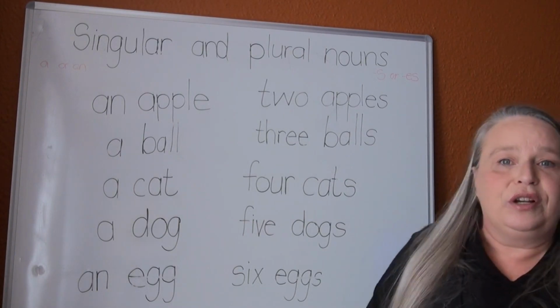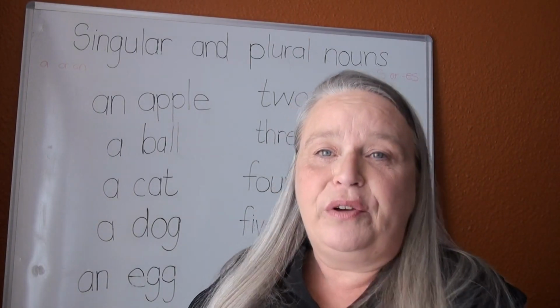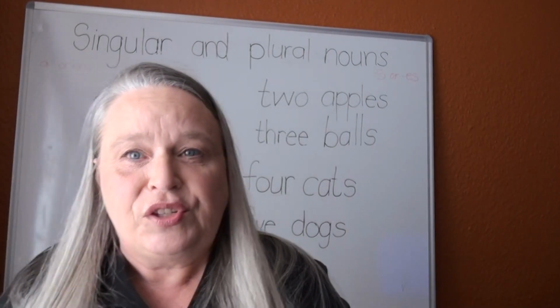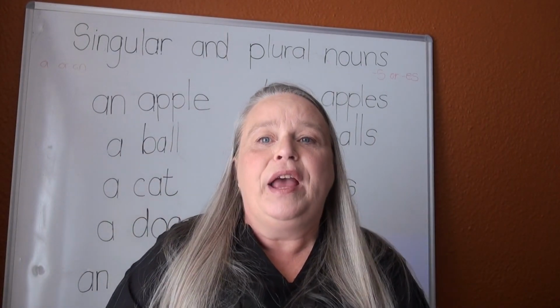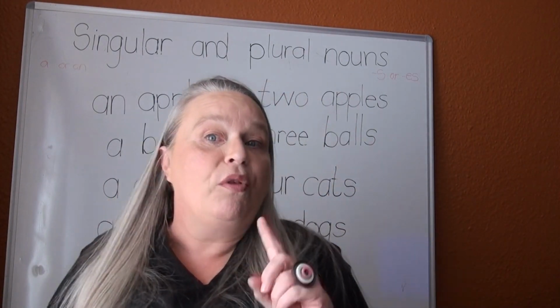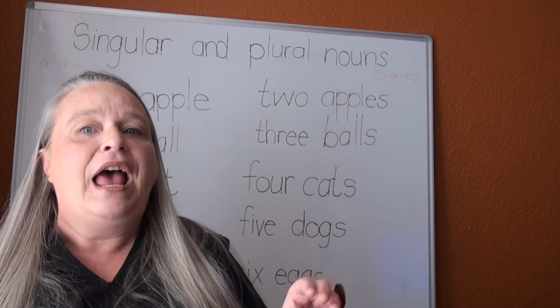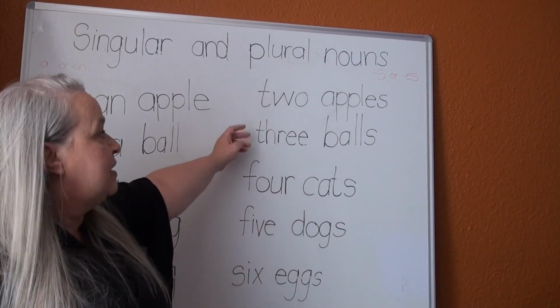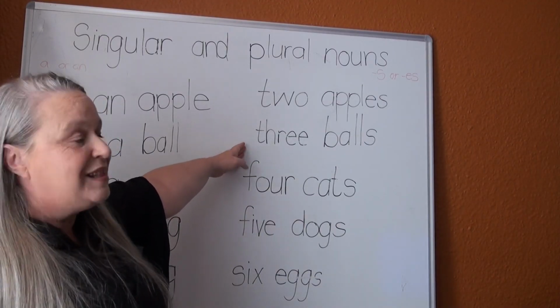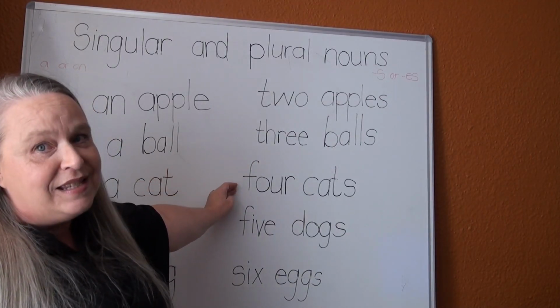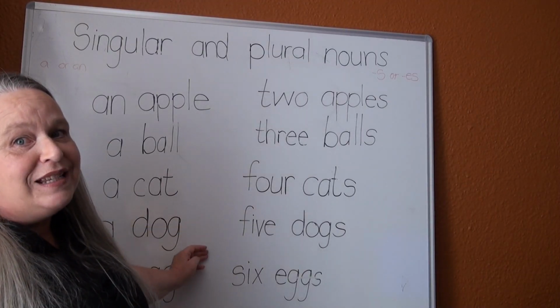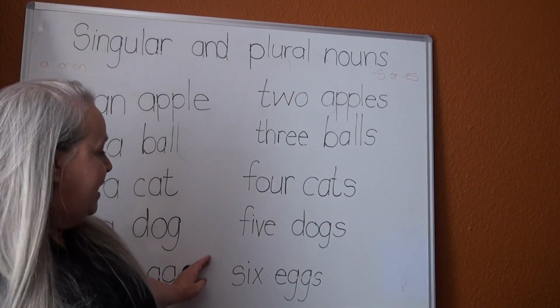Now we're going to look at when we are going to use ES for our plural nouns. So remember, in plural nouns, which is more than one, we can use the S at the end, like two apples, three balls, four cats, five dogs, or six eggs.